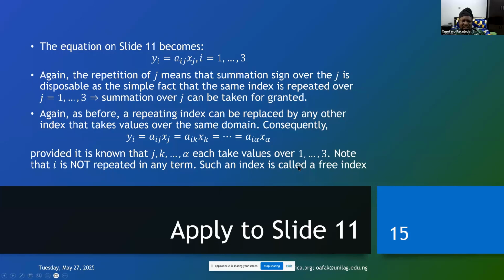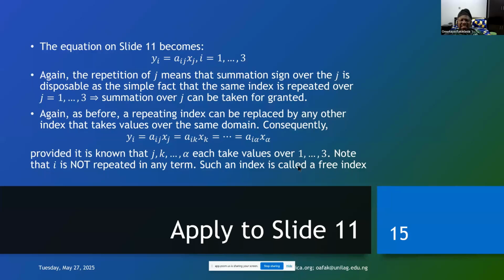Such an index is called a free index, and like I've told you, the free index determines how many equations we really have. When the free index takes a value, that's one equation. When it takes another value, that's another equation. When it takes a third value, that's still another equation. So a single free index will give you 3 equations, 2 free indices gives you 9 equations, 3 free indices will give you 27 equations, and 4 free indices will give you 81 equations.